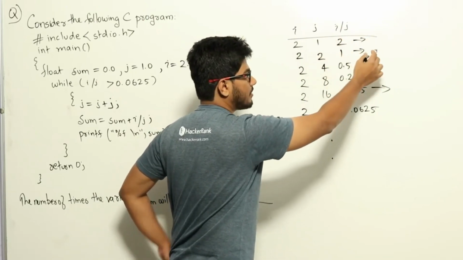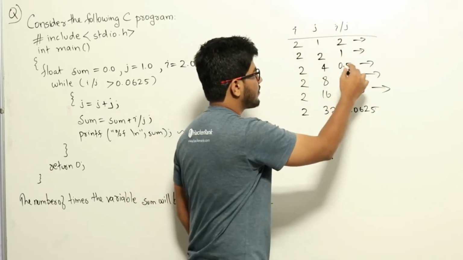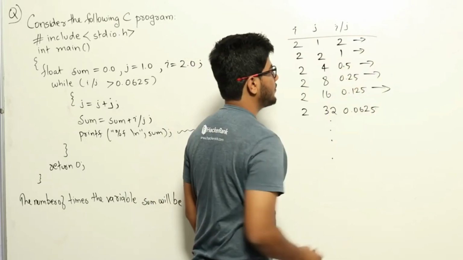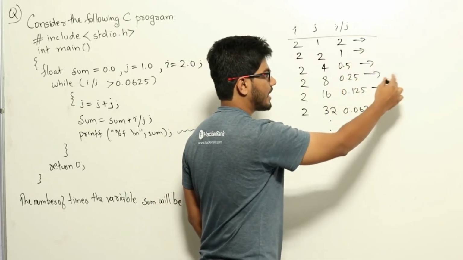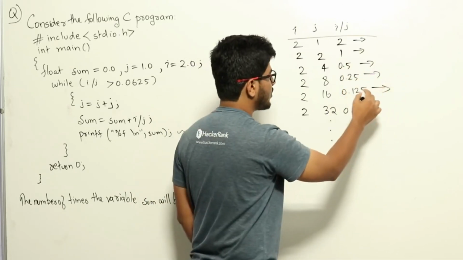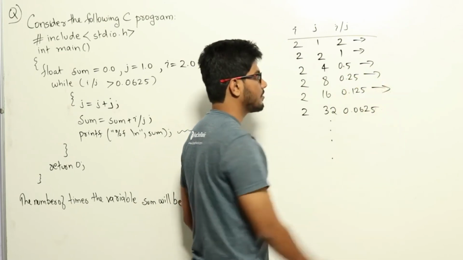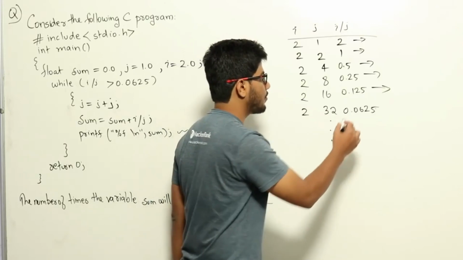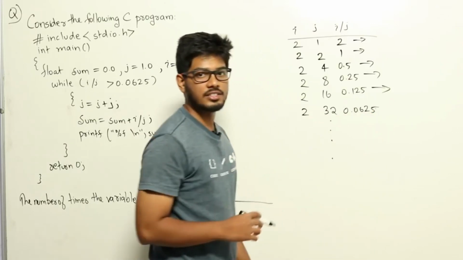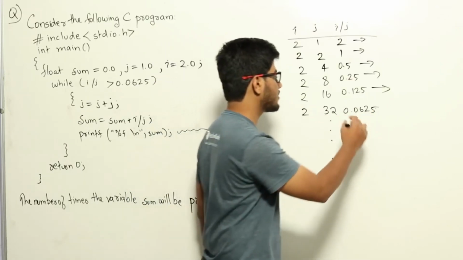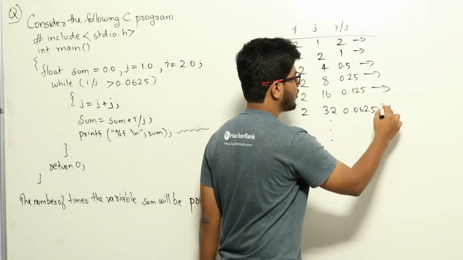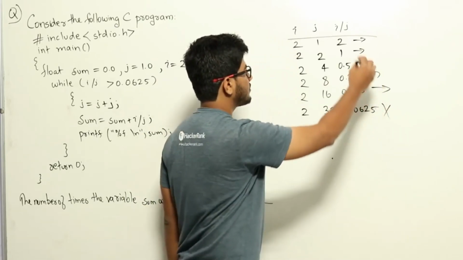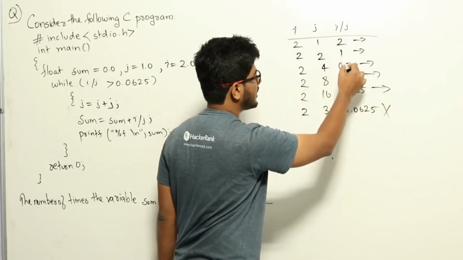Then it is 1, again it will go inside. 0.5, again it will go inside the block and print sum. Then it becomes 0.25, again it will be printed. Then it becomes 0.125, again we will go into the block and it will be printed. After coming out, j becomes 32 and i by j is 0.0625. Now the condition i by j greater than 0.0625 becomes false. So at this point we will stop the loop. So the number of times sum was printed is 1, 2, 3, 4, 5.